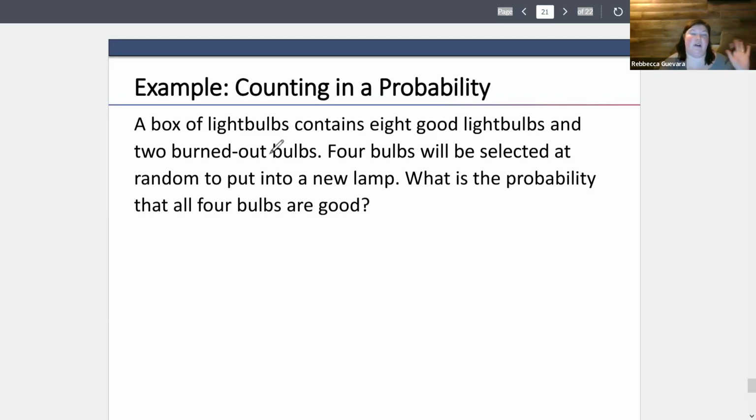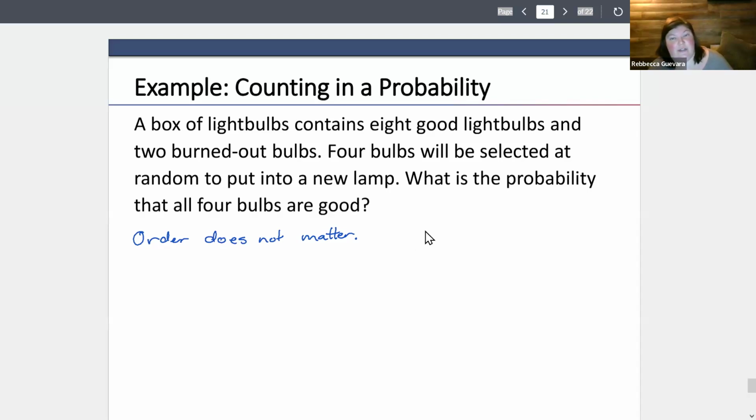It doesn't say the order on the lamps matters. Like I said, the order does not matter here. So if order doesn't matter, we're talking about combinations here.